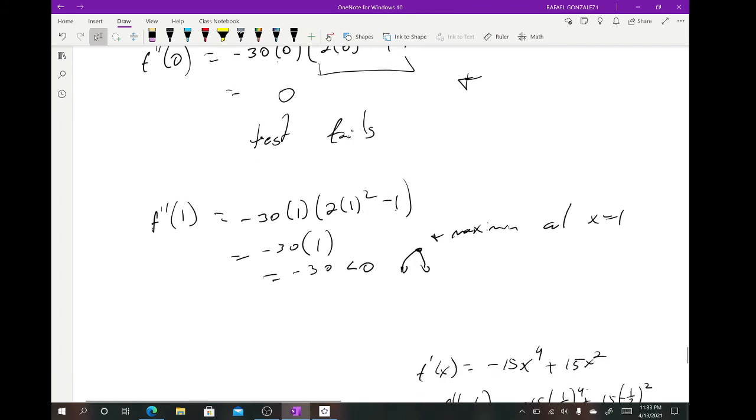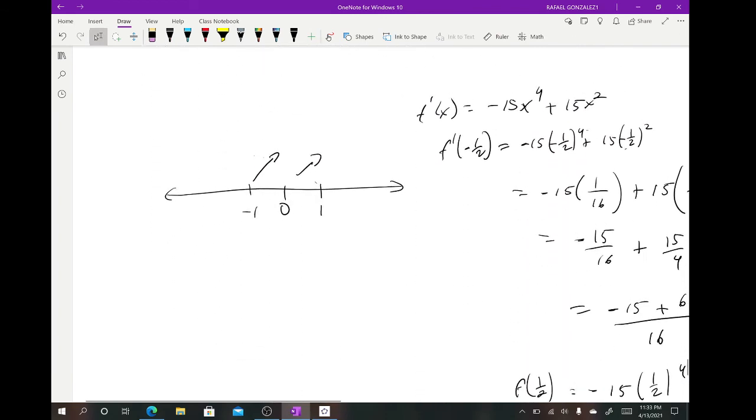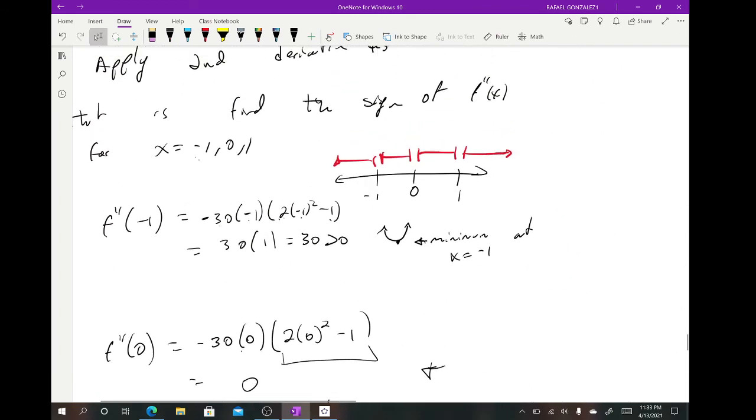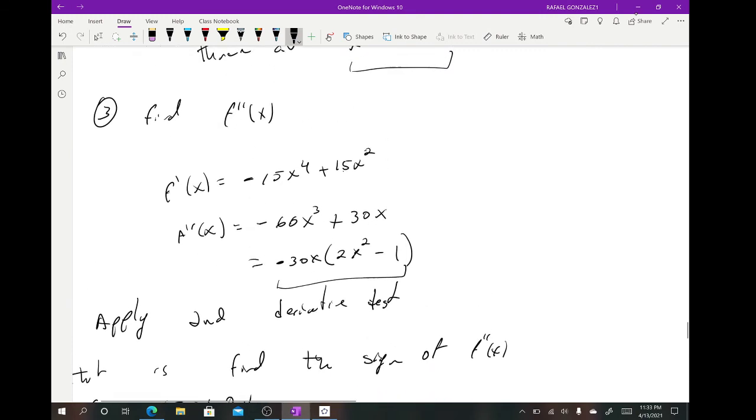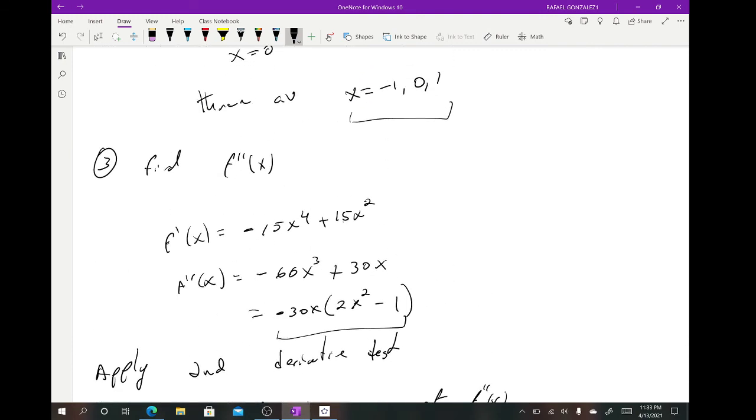Now, the reason why I like to use the second derivative test instead of the first derivative test is because it saves you a lot of work, even though you have to take an extra derivative. It saves you a lot of work on the test points. If I go to the first derivative and find the critical values, and then plug into the second derivative, I immediately know whether that critical value is going to be a maximum or a minimum.